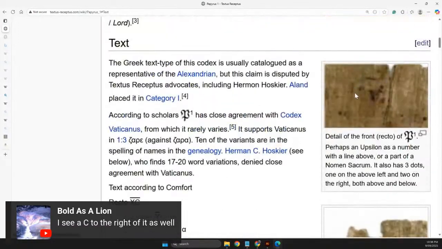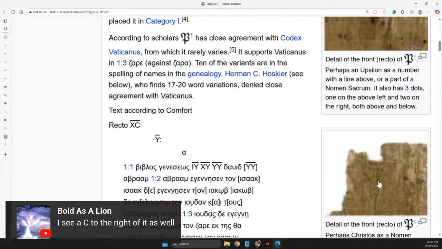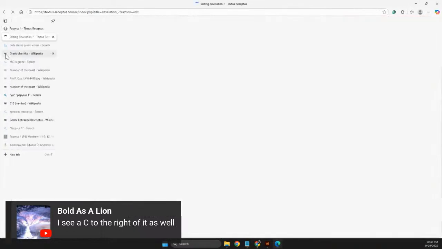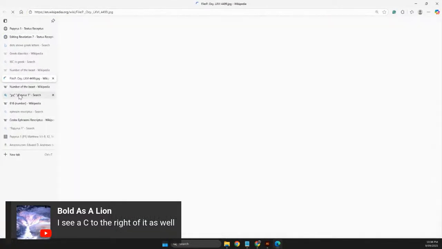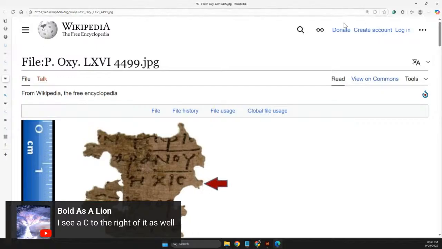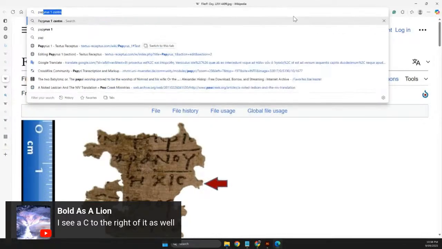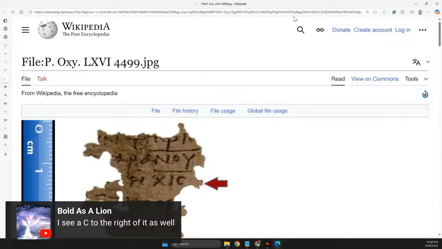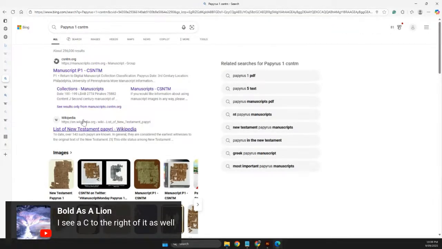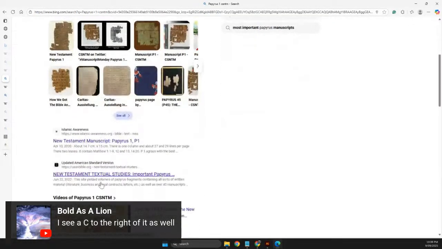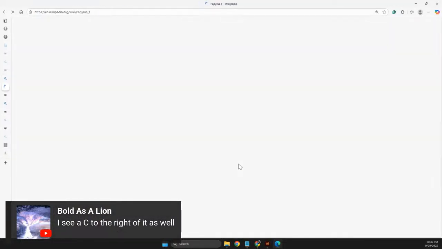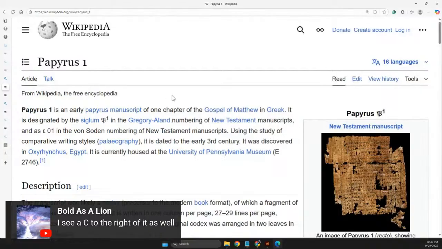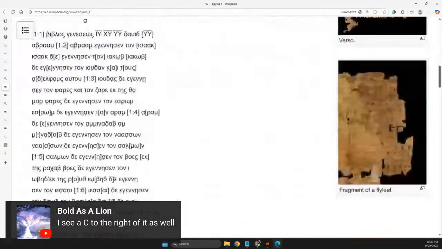So I've shown that, and then I'm showing this one here. But we want to go to the Wikipedia one because it has this extra little thing. Okay, Papyri 1, and down here.